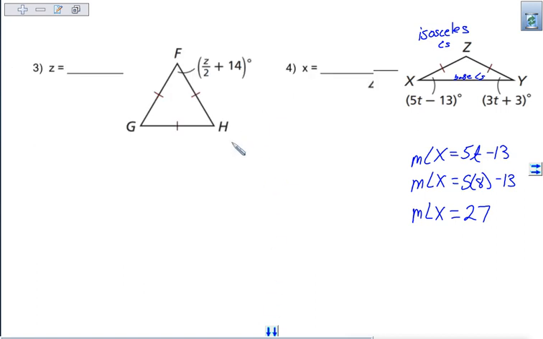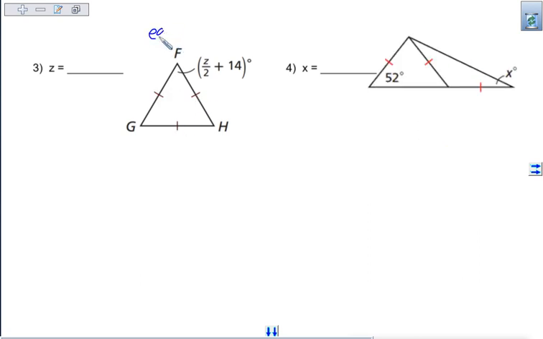Our next problem, we have an equilateral triangle. And we're given information about an angle. As we know, we have an angle because this is a degree. And we know that angles in an equilateral triangle each equal 60 degrees.